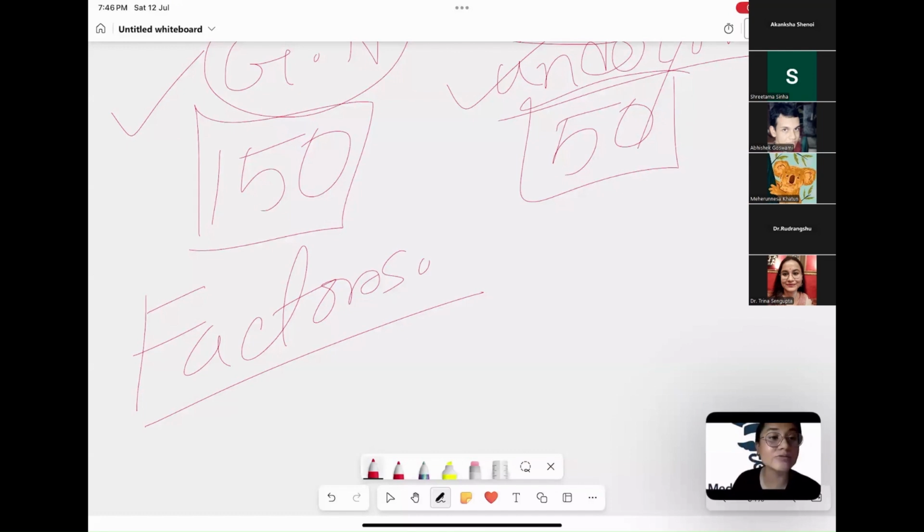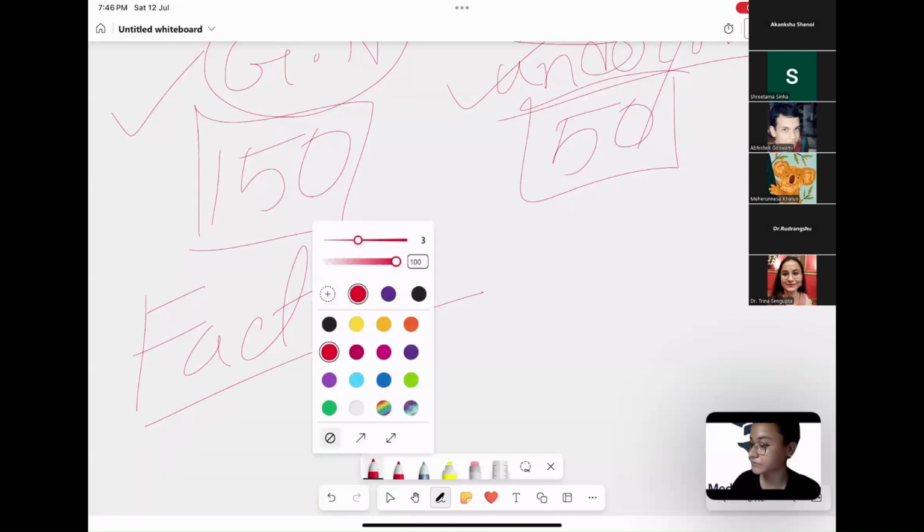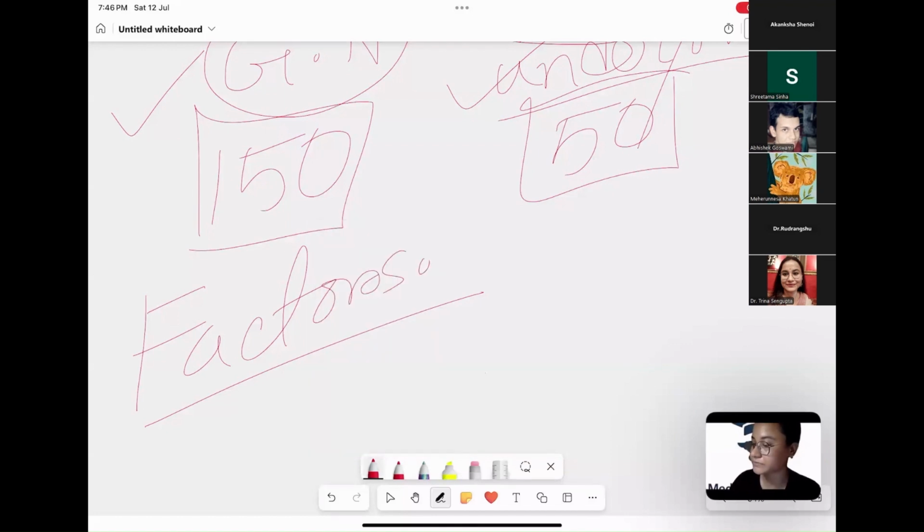What factors have you taken? Tell me, whose student project was this? What factors have you taken? Two types of variables are taken: independent variable and dependent variable. Independent: age, sex, socioeconomic status. So when I am asking about the factors, I am asking about independent variables, okay?